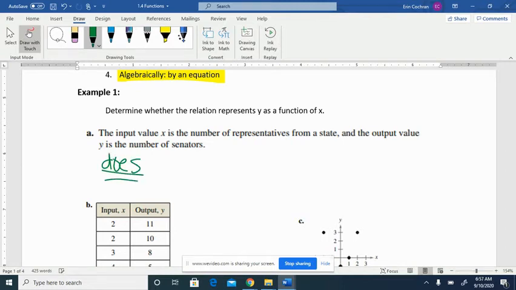Why? Because regardless of my x value, the representatives from my state, the value of y is always going to be 2. So your senators is always going to be 2. So no matter how many representatives we have from a state, and then y, we always have 2. So this one does represent a function.